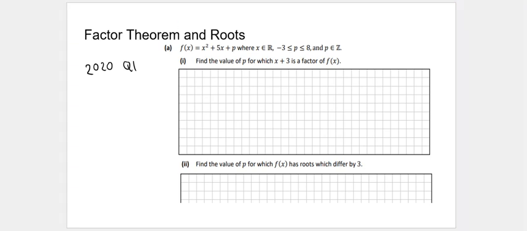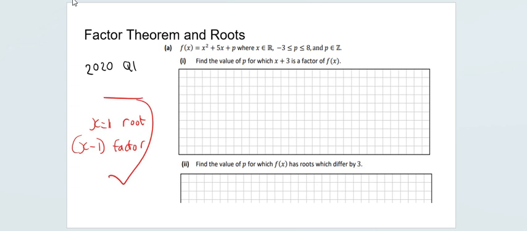So factor theorem is generally understanding that if x equals 1 was a root, well then x minus 1, the opposite sign, is a factor. So it's understanding that really, and being able to apply it.